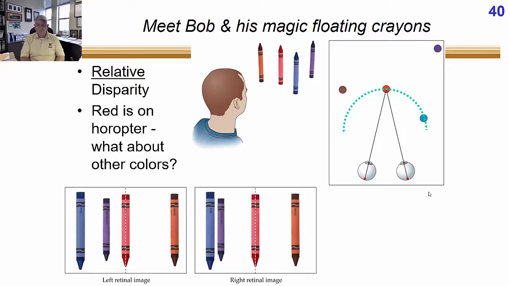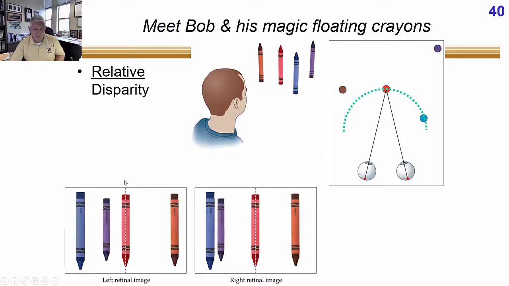So if we look here, the red crayon is on the horopter, and it is actually in the fovea, if we look at these points, right? Blue looks like it's also on the horopter. It looks like it's in about the same spot in the left retina and the right retina. However, the purple is clearly not in the same spot, and the brown doesn't look like it is either.